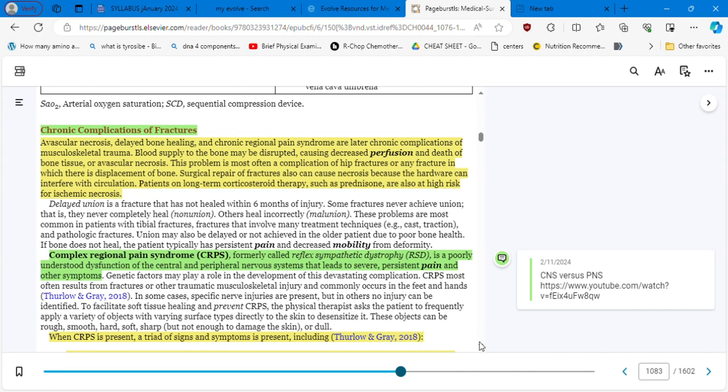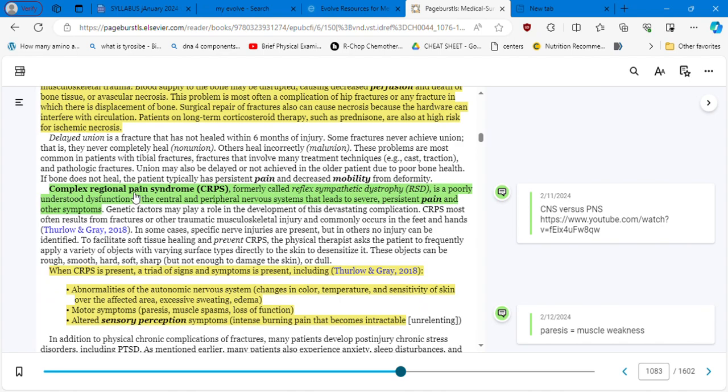And then we have the complex regional pain syndrome, formerly called reflex sympathetic dystrophy, is a poorly understood dysfunction of the central and peripheral nervous system that leads to severe persistent pain and other symptoms. We reviewed a video, the CNS versus PNS, so we can better understand the sympathetic dystrophy, and the dysfunction of the central and peripheral nervous system.